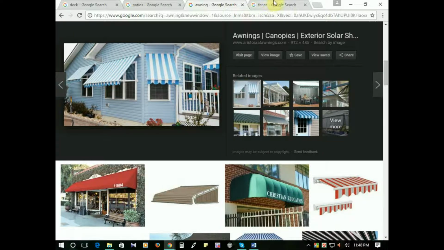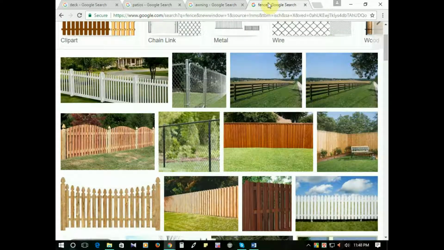All properties will also have a fence installed on the side and back portion of the property. Sometimes these fences will also have gates as well, which are kept secured by installing padlocks on them. Fences and gates are mostly either made of wood, vinyl, or metal chain link.